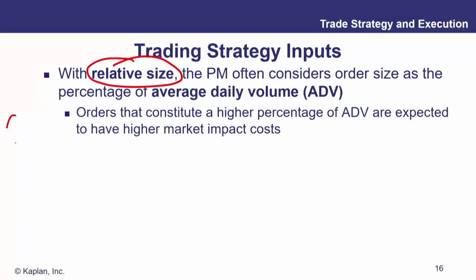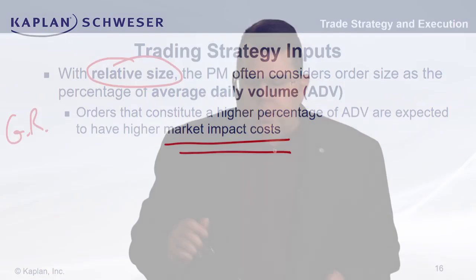Okay, so the general rule that I want you to think about, if your order is a higher percentage of the average daily volume, well, it's most likely going to have a higher market impact cost. So your trader and your team has got to figure out ways to minimize that impact cost.